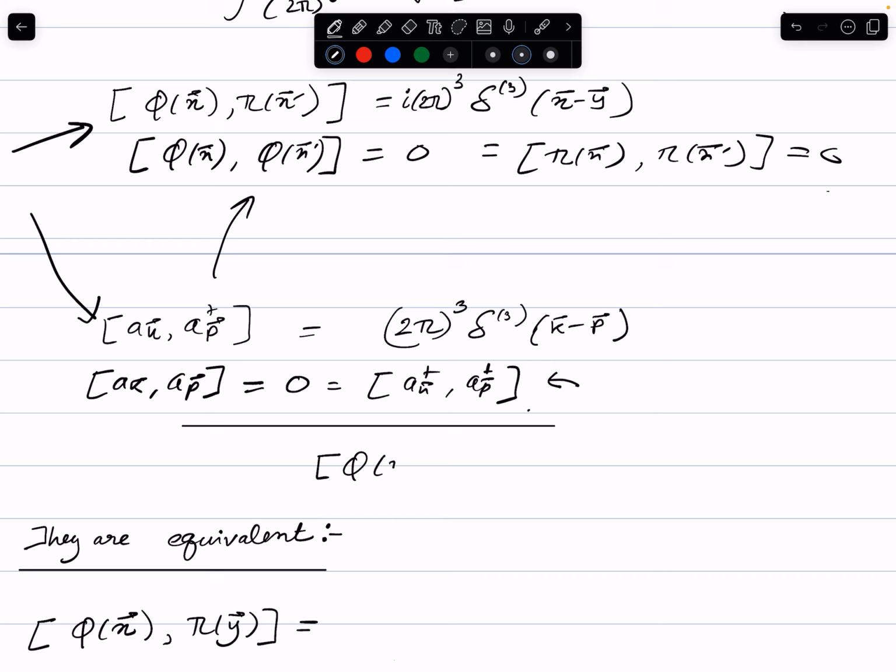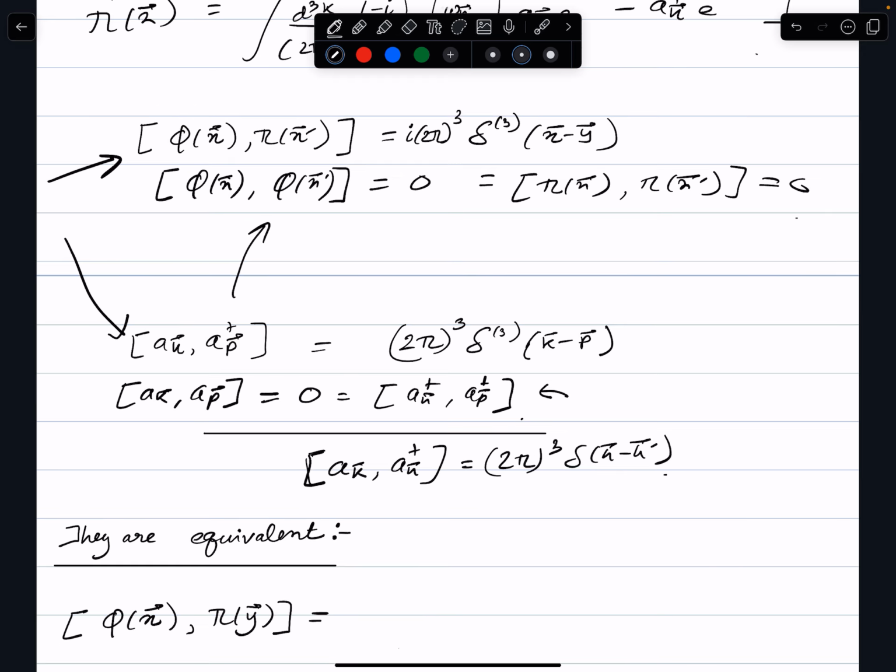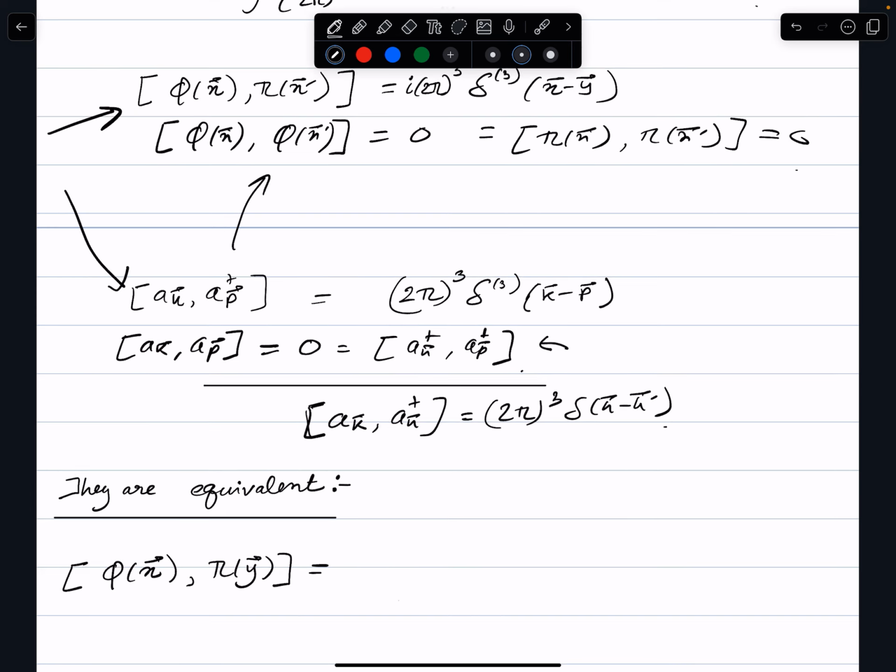Phi x. So I can either start from the ak, ak dagger commutation relations, the delta of k minus k prime, and then from this I can prove that the commutator of phi x and pi x prime is i delta cubed of x minus x prime.